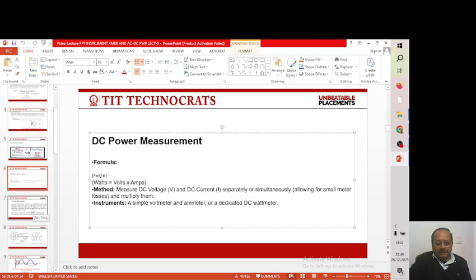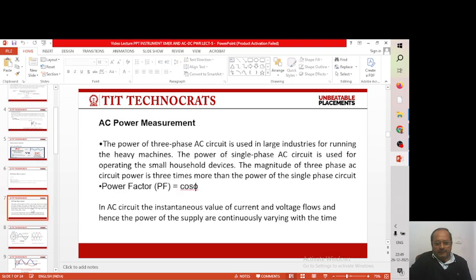Now second is AC power measurement. The power of three-phase AC circuit is used in large industries for running heavy machines, and the power of single-phase AC circuit is used for operating small household devices.